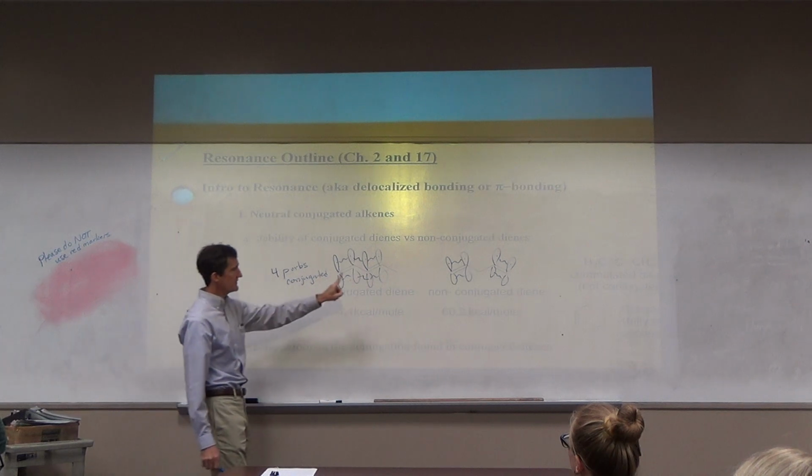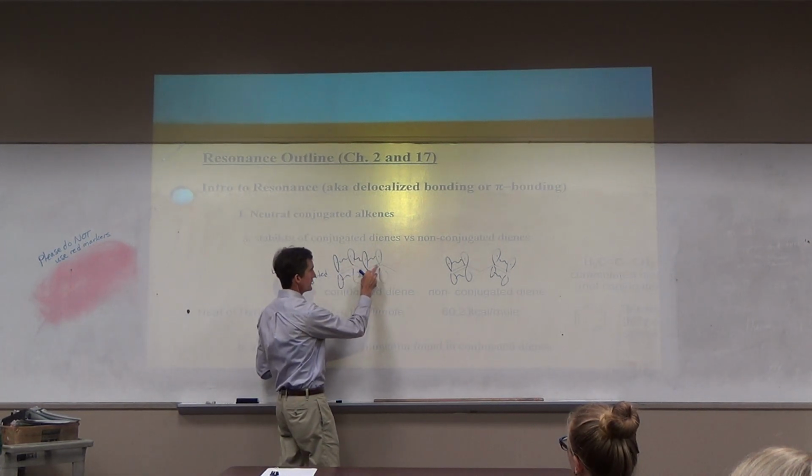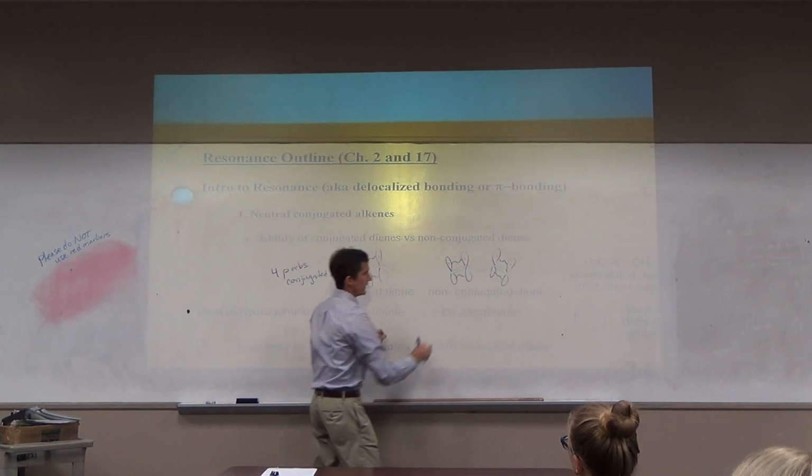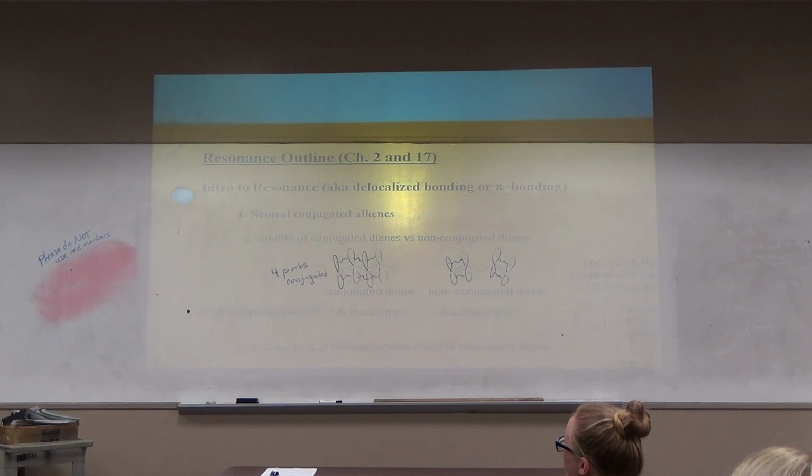If you hydrogenate these, hydrogenate here and here, both of these become 1, 2, 3, 4, 5, 1, 2. Both of these become pentane, the same thing, with 2 equivalents of hydrogen added to either one.